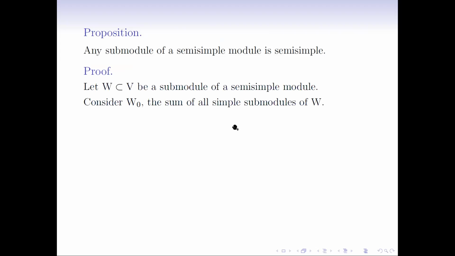So now we do the trick again. We take a submodule in V, consider the sum of all simple submodules of W, and it's not empty because there is at least one simple submodule. And the sum of it, by definition, by the second property, is semi-simple.